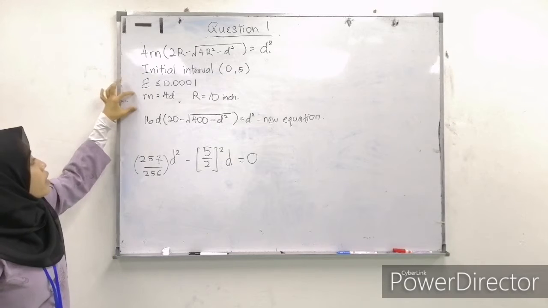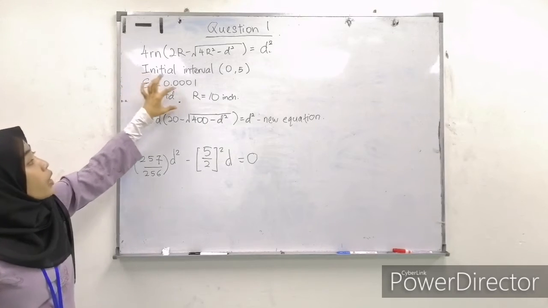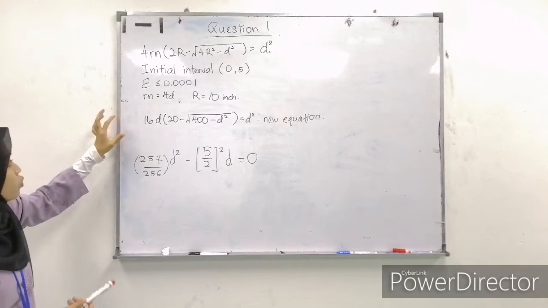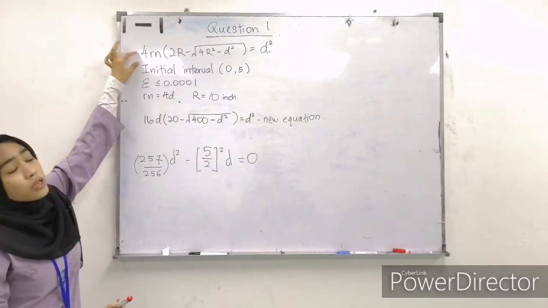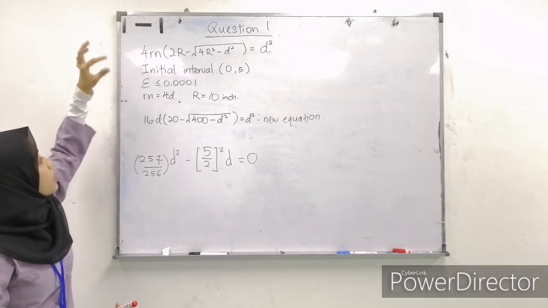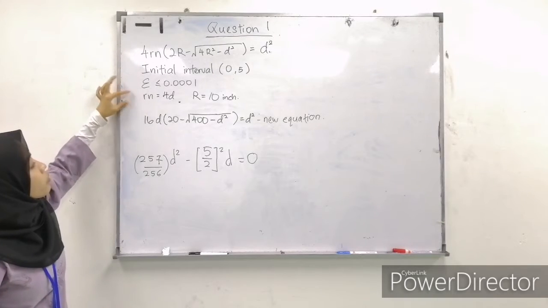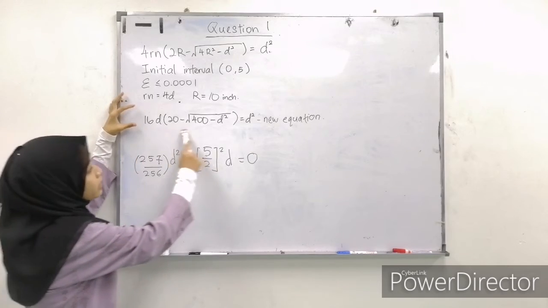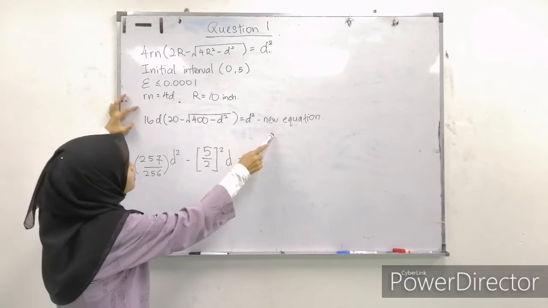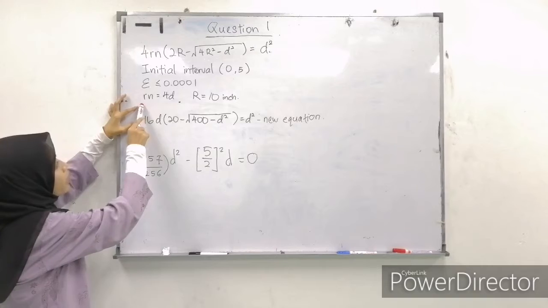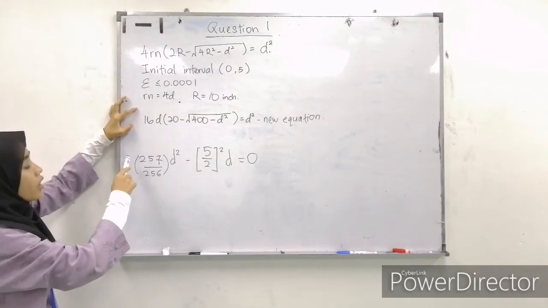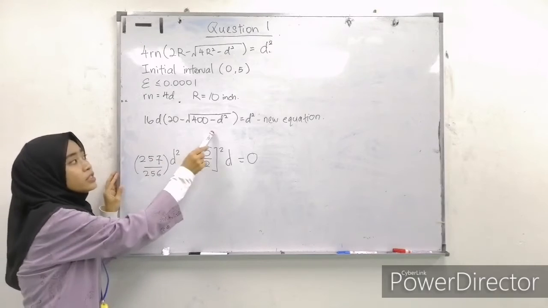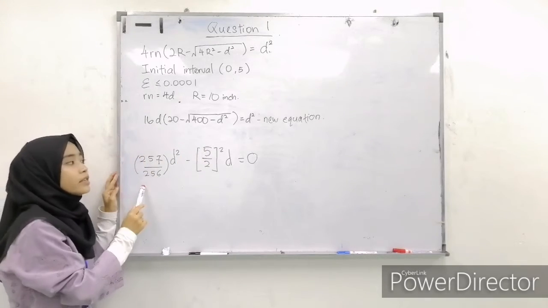So we get that Rn is equal to 4D when R is 10 inches. We substitute this Rn and R into the equation, and we get this new equation. After we get the new equation, we simplify it and get this answer.